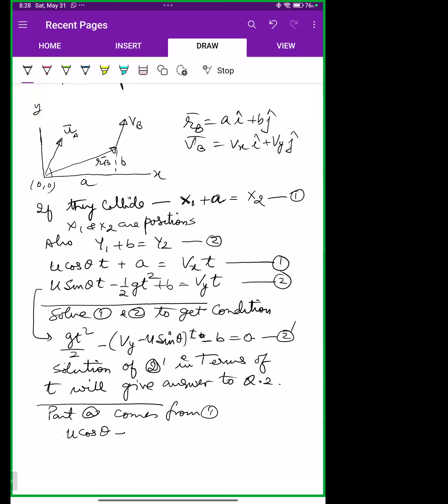in 1. Then A is equal to Vx minus u cos theta, into t.